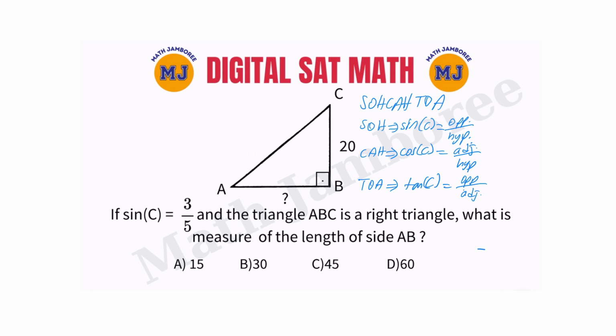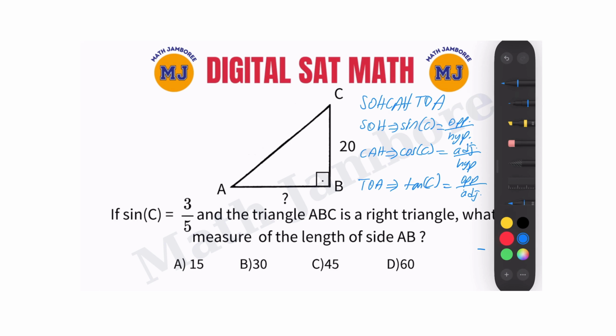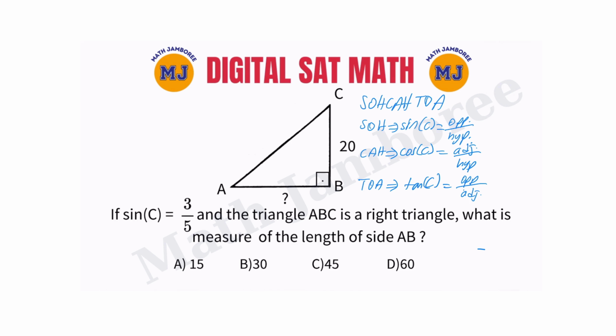So in this problem, we're going to use sine C. If you're talking about sine C, I want you to imagine that you're sitting on the corner of angle C, and you're looking at sine C, 3 over 5.